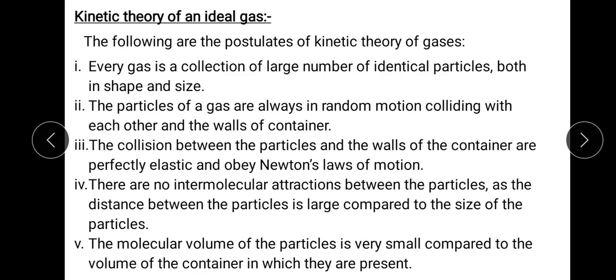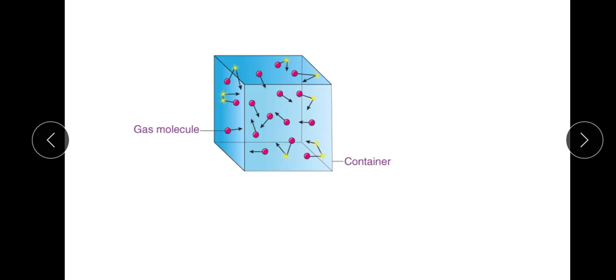Next, the third point says that the collisions between the particles and the walls of the container are perfectly elastic and obey Newton's laws of motion. If two molecules collide with each other, the collision is completely elastic. You know what an elastic collision is? Elastic collision means both kinetic energy and linear momentum get conserved.